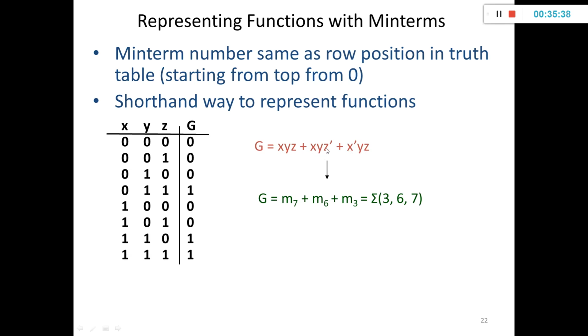Next, xyz bar is 110, so that is 6. Then x bar yz is 011, so it is 3. So we can write G is equal to M7 plus M6 plus M3, which is equal to summation 3, 6, 7. In this way also we can write.